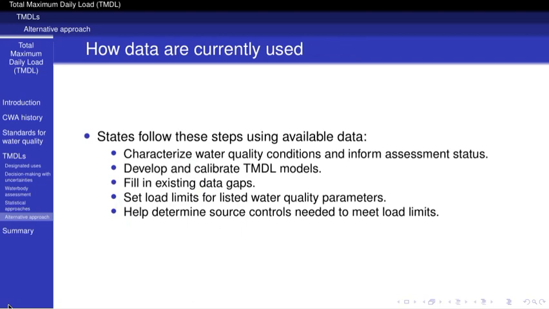Oregon's Department of Environmental Quality, and probably most other states, follow these steps based on the data they have available. Characterize the water quality conditions and inform assessment status. Develop and calculate TMDL models, fill in existing data gaps, set load limits for listed water quality parameters, help determine source controls needed to meet load limits.